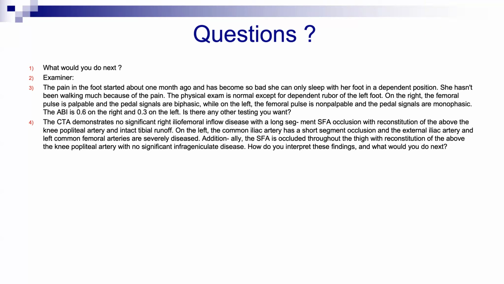But this is progressive disease, getting worse slowly over 1 month. So it's just critical limb ischemia. I will not call it acute on chronic. But if she was a claudicant, slowly getting worse, and suddenly overnight gets a cold leg, then it's acute on chronic. So this is critical limb ischemia, really. We call it critical limb ischemia.